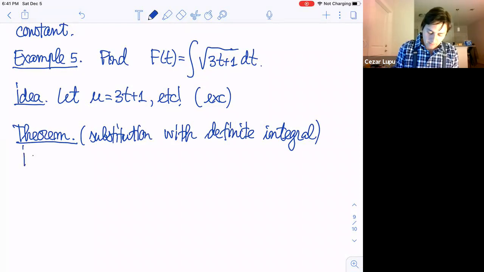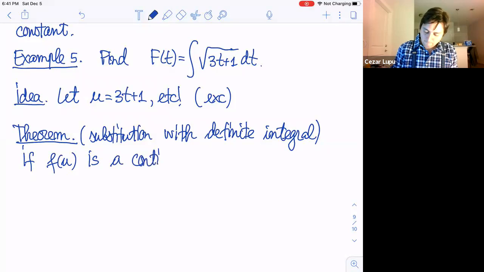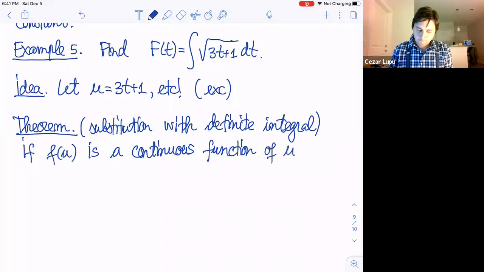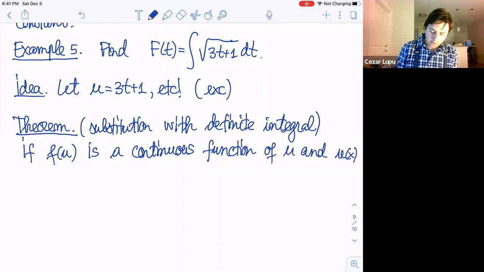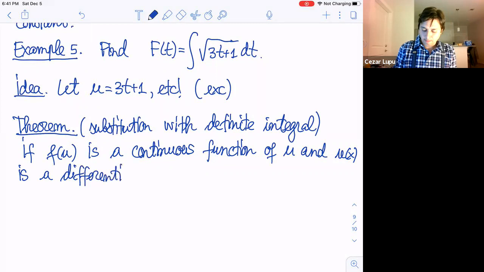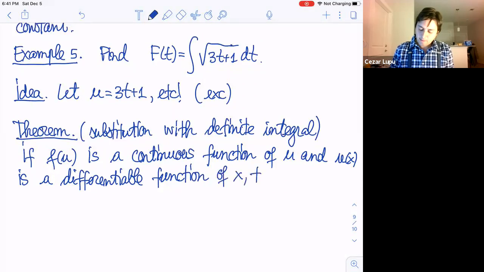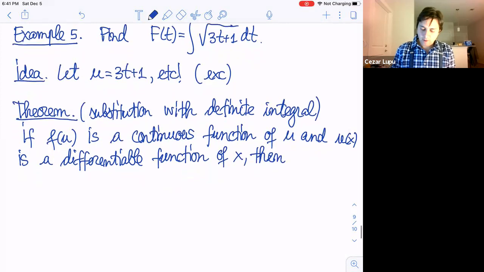All right, the theorem states the following. So if f of u is a continuous function of u, and u of x is a differentiable function of x, then the following formula holds true.